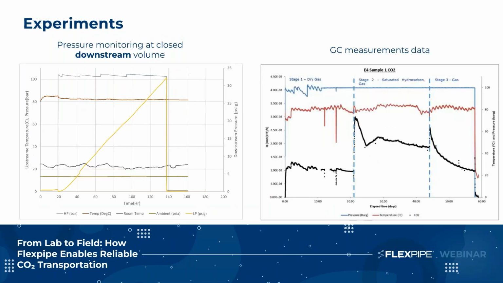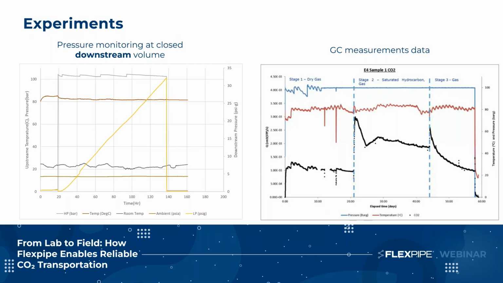On this slide, I'm showcasing the outputs from each testing method after completion. On the plot to the left, the yellow line illustrates the increase in downstream pressure following the initial breakthrough. The breakthrough time varies depending on temperature, polymer type, and the specific gas used.